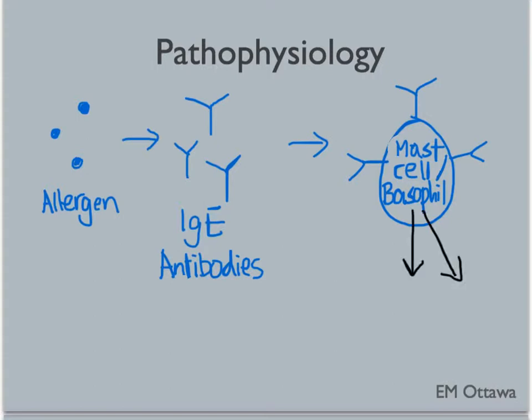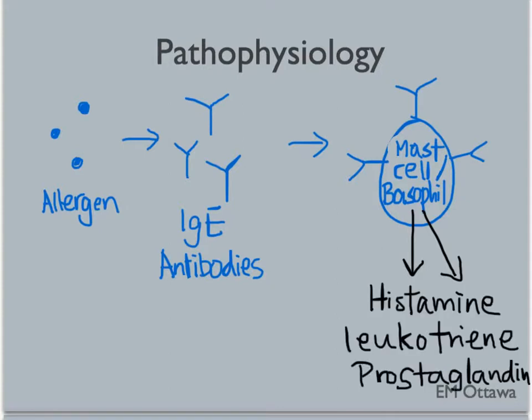These chemicals include histamine, leukotrienes, and prostaglandins, among others. All the symptoms of allergic reaction and anaphylaxis are caused by these chemical mediators.